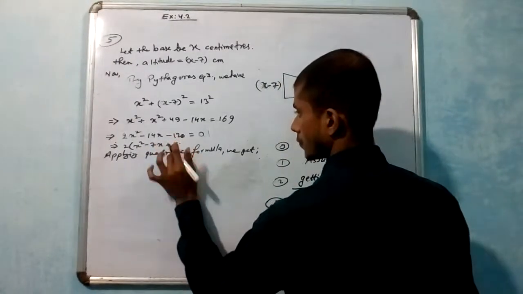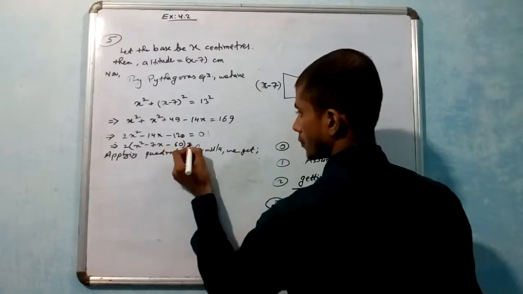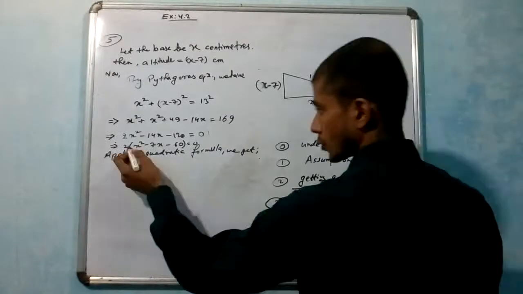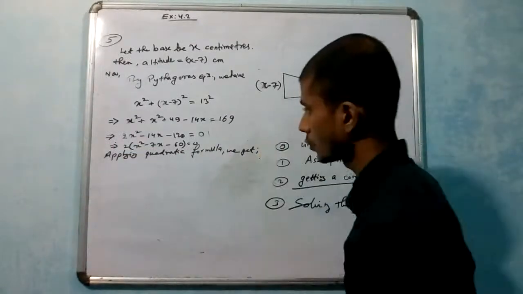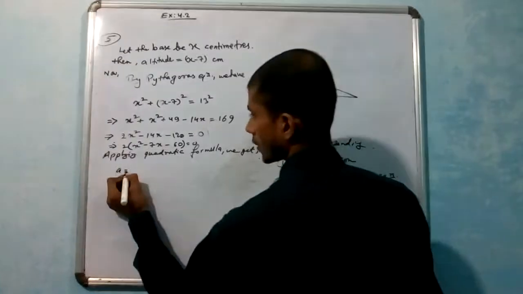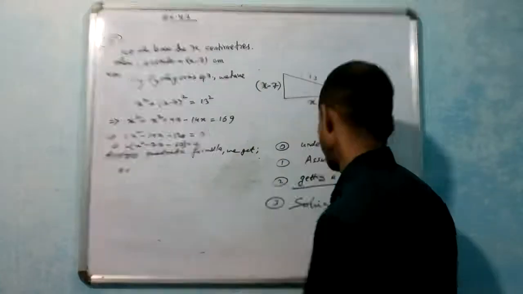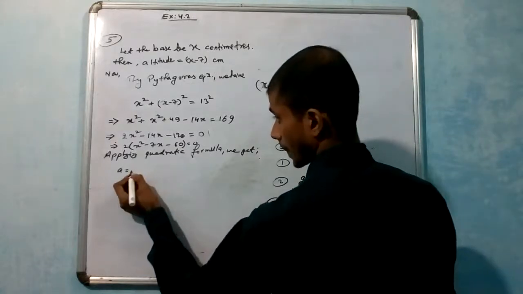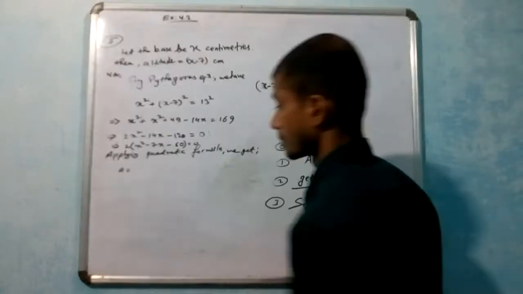Okay, so 2 will go that side, it will become 0, no? 0 by 2 is 0. So by applying the formula, what is a?